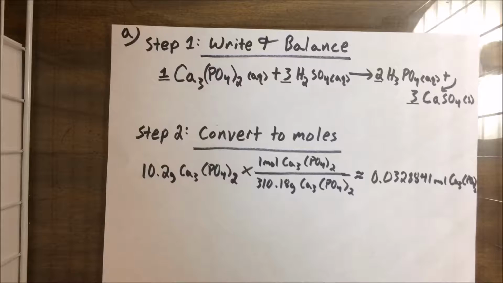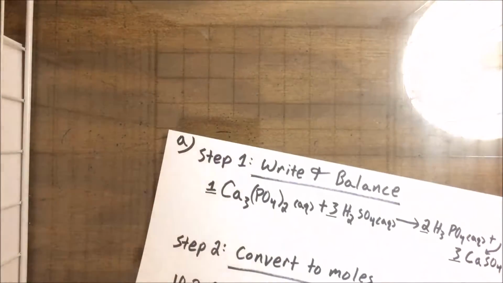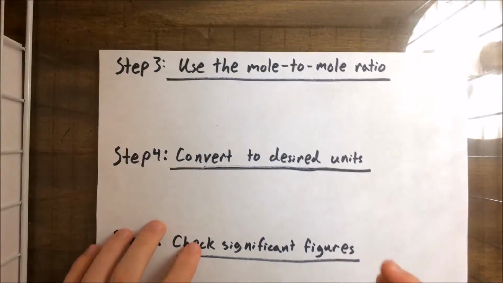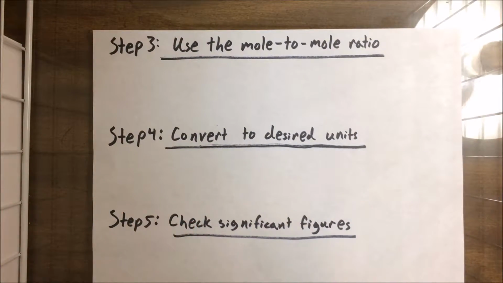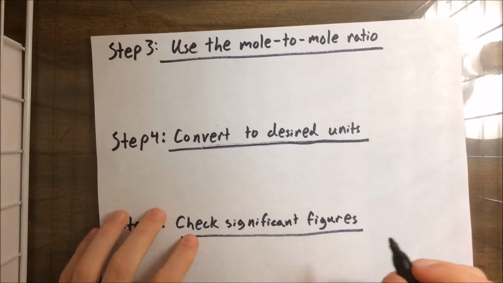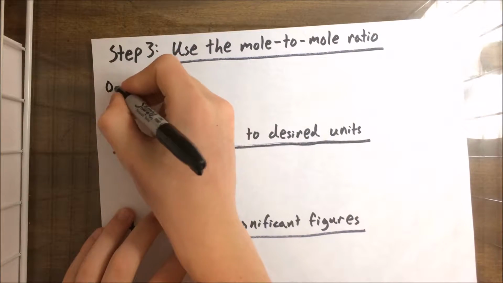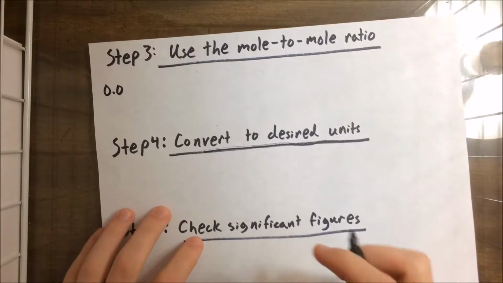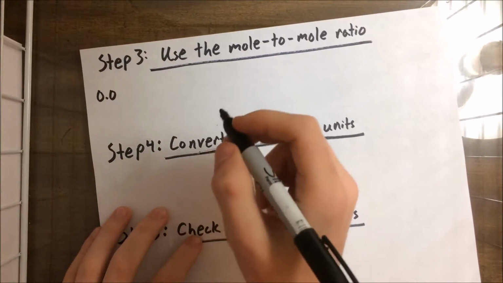Okay, so let's move on to step 3. In step 3, we're going to use the mole-to-mole ratio to find moles of calcium sulfite.